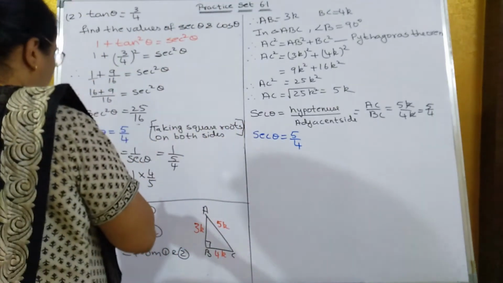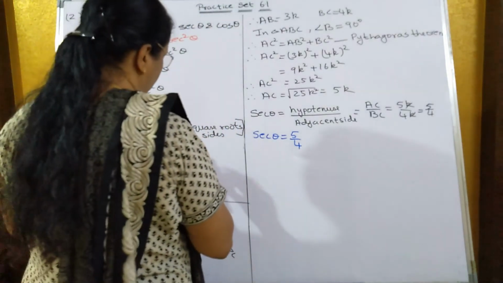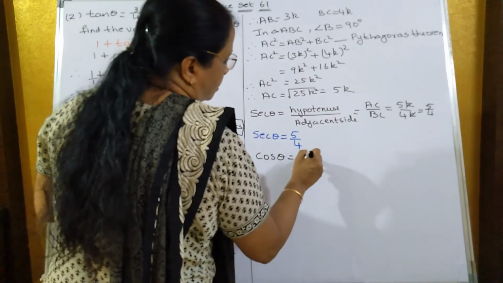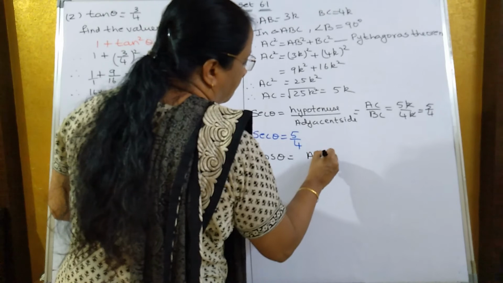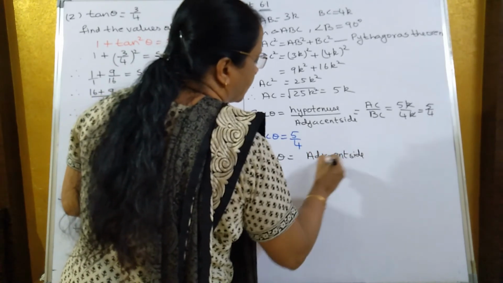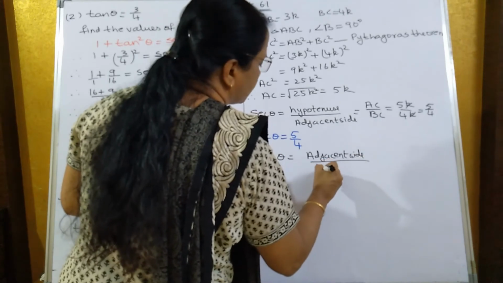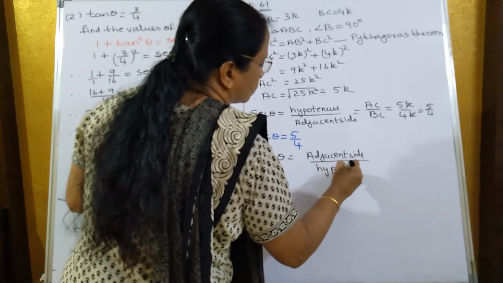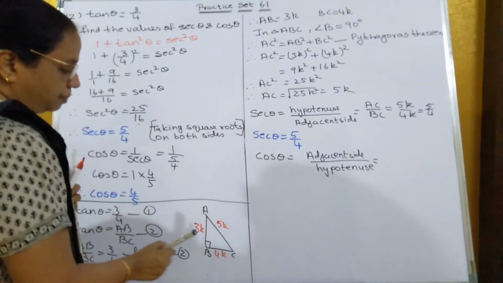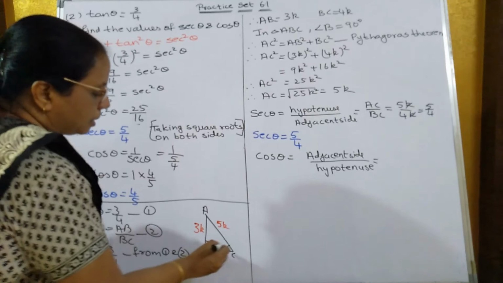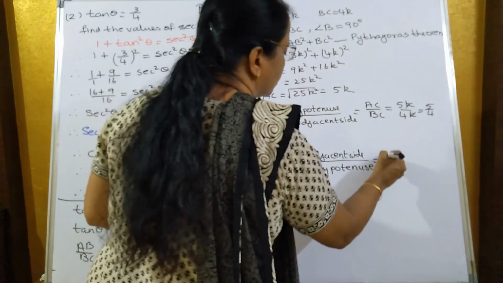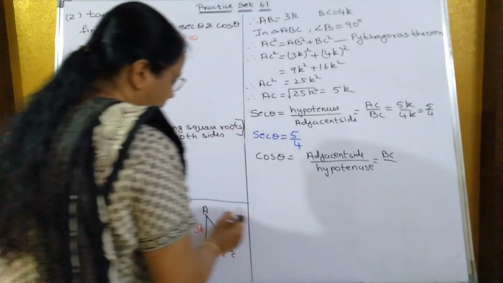Now we have to find out cos theta. Cos theta is equal to what? Adjacent side upon hypotenuse. What is the adjacent side over here? This is the angle theta. So adjacent side is BC upon hypotenuse, which is AC.